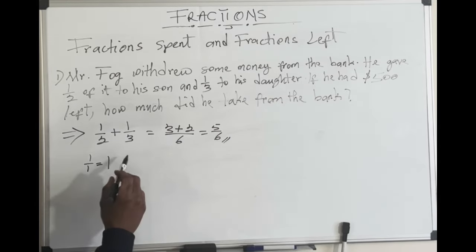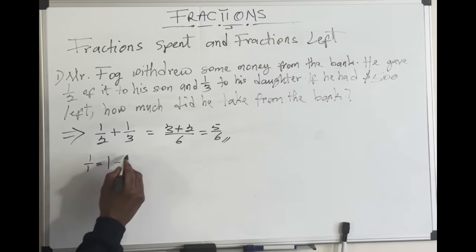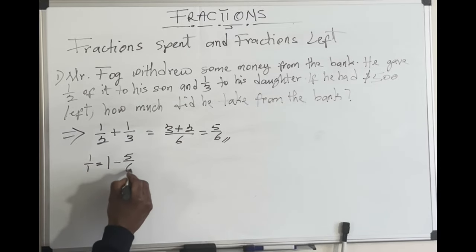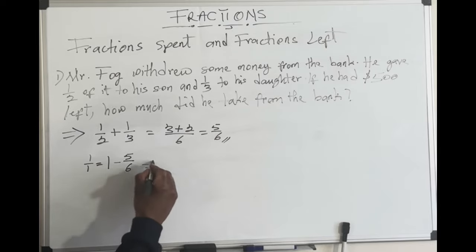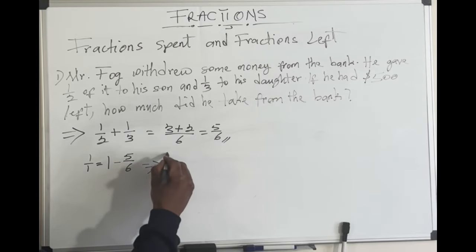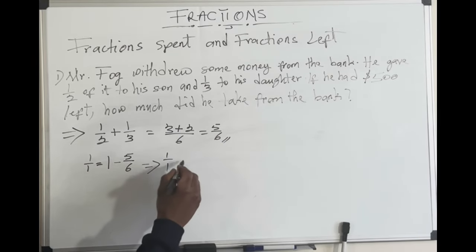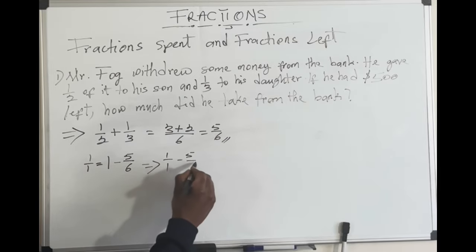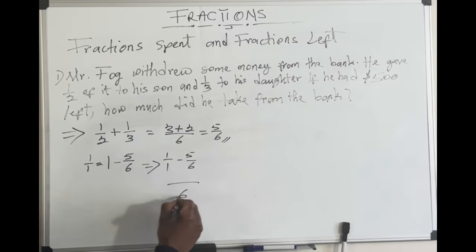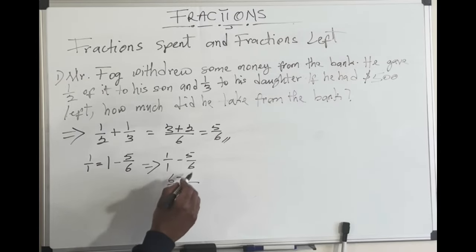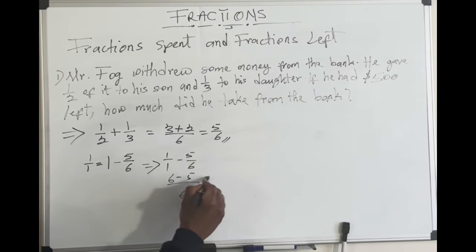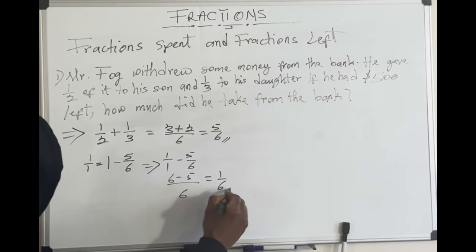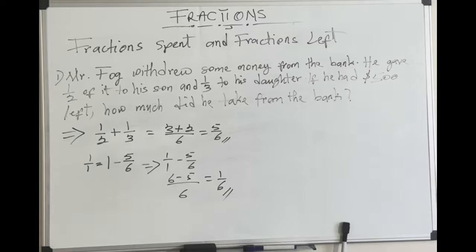So 1 minus, let's subtract the 5 over 6 from it. We get 1 over 1 minus 5 over 6. So 6 goes here, 6 minus 1, 5. We have 1 over 6.